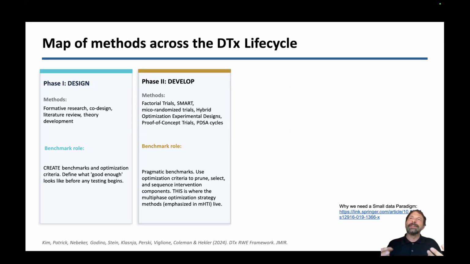But the general idea is within these optimization trials, and I would also add a proof of concept trial, there always is this clear definition of success that is empirically testable, right? That's the core idea. And again, that's what I mean by a benchmark. And that is what is fit for purpose for development, right? Like, are all my elements working as I think they should? Am I getting a signal that this whole package can plausibly produce an outcome that is better than what I'm trying to improve upon, right?